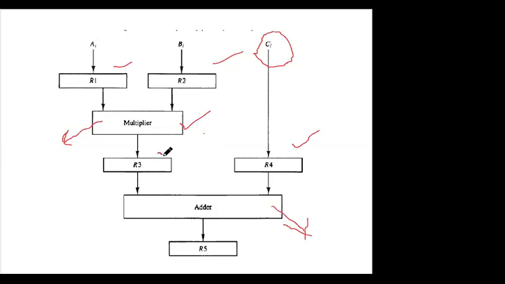Then when R3 has the result of the multiplier and R4 is loaded, they are both processed in this execution unit, which is an adder. The output of this execution unit is forwarded to the next register, that is R5. So this is the basic structure: multiple instructions are taking place, but they are being loaded in the subsequent buffers.